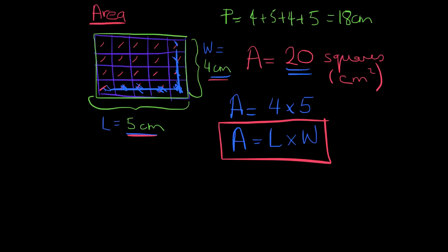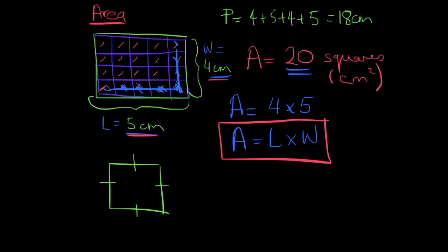You could even use this formula for squares, although for squares we do have another formula, for one very important reason, and that is a square has all side lengths equal.